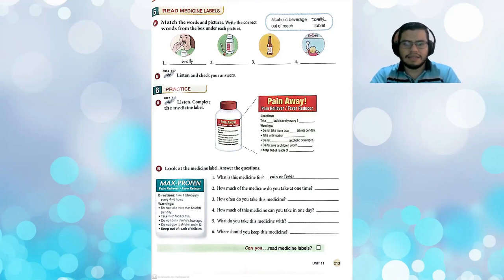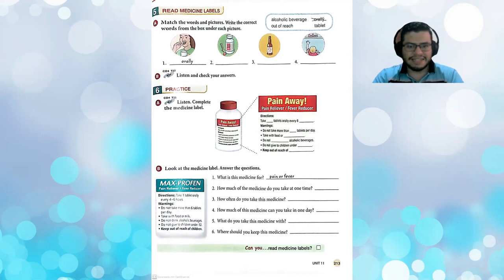In this case, we have this one in plural. The next one is do not give to children under, listen to the number. Do not give to children under 12. Under 12. 5, 10, plus 2, 12. Keep out of reach of children.